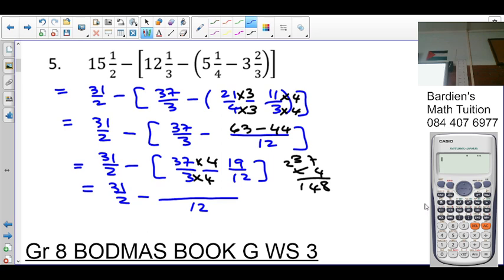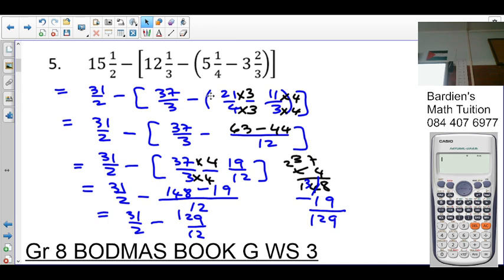Is that correct? Minus 19 is going to be 129. Is that correct? You sure? So it's going to be 31 over 2 minus 129 over 12, no?